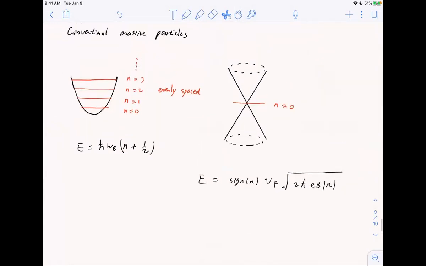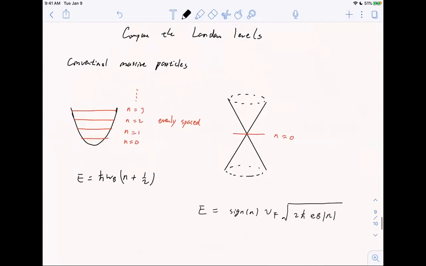So you have an energy that is proportional to the square root of n. Okay, that means when n is different, the spacing is also different. So it turned out that you have a level like this. You have a bigger spacing, and then a smaller spacing, and then an even smaller spacing.